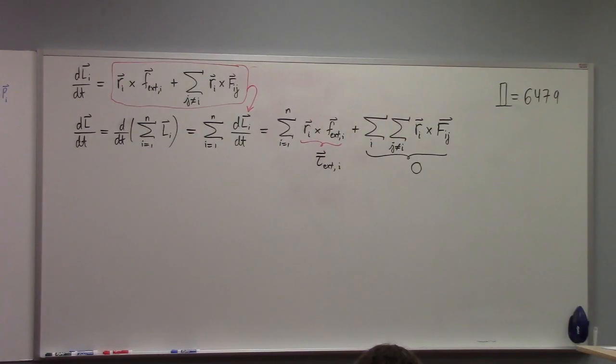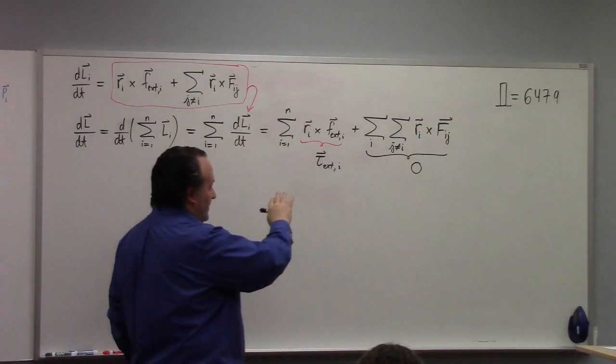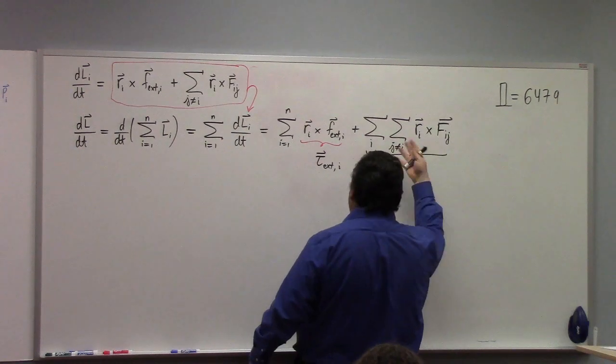In other words, a system of n masses can't torque itself in total. The net torque, all these internal torques, they all cancel out.